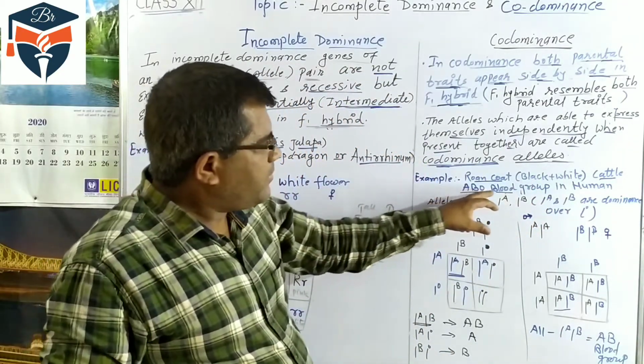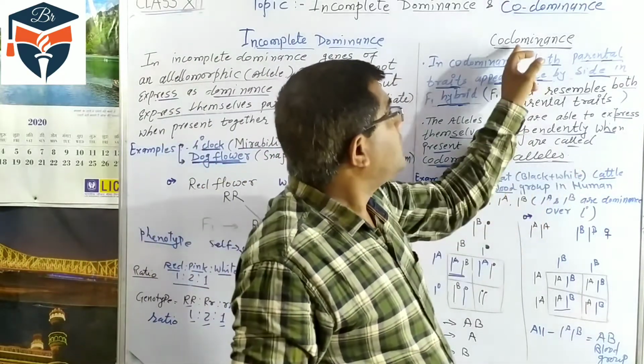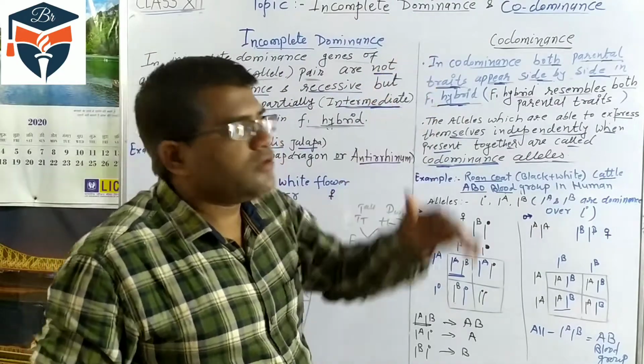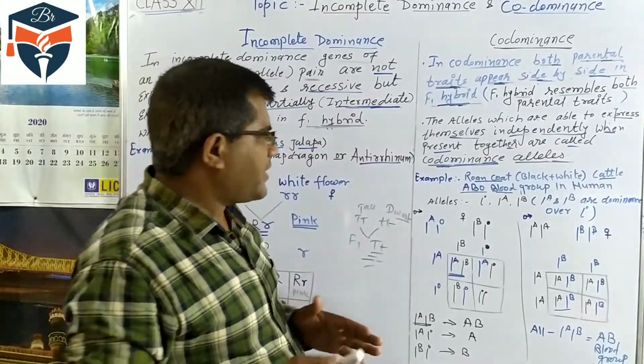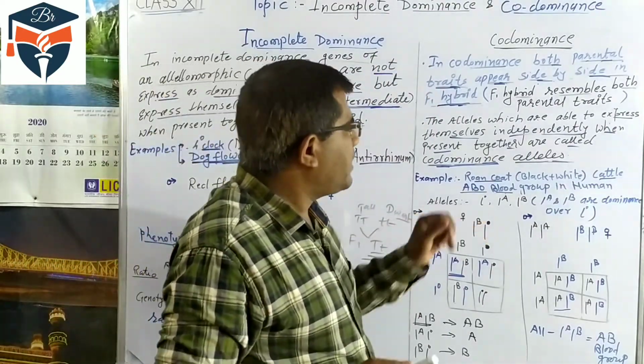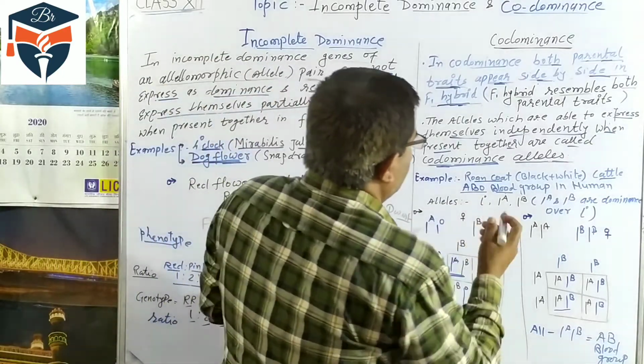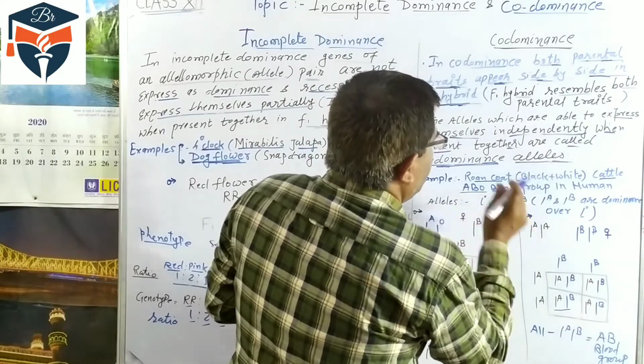Another example is the ABO blood group in humans, which also exhibits the co-dominant phenomenon. It means both alleles are expressed. There are 3 alleles in human beings: I0, IA and IB.